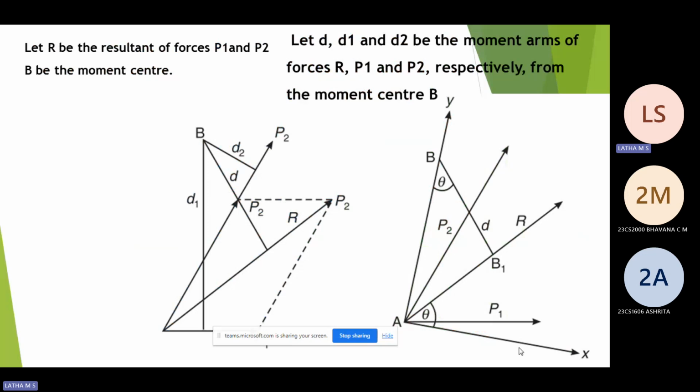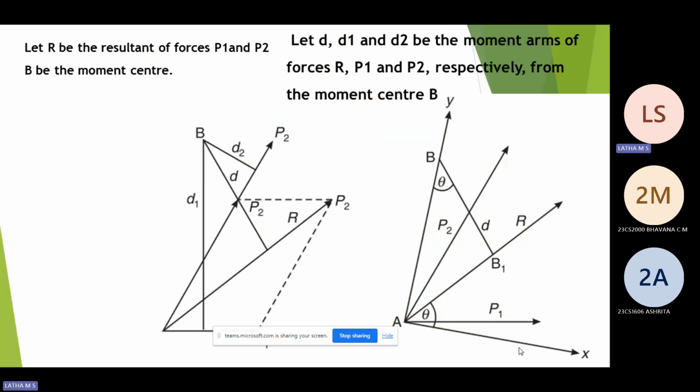How to go about it? So I am starting Varignon's theorem here. Look here, stop murmuring, man. It is telling that I will be calculating the resultant of all the three forces at a particular point.